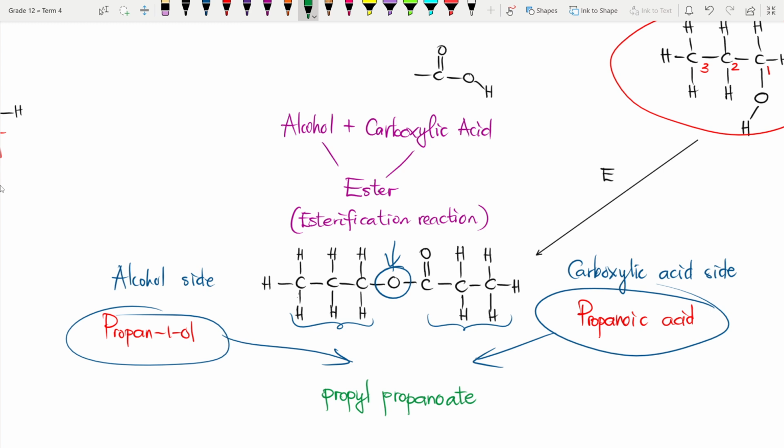That's how to name an ester. The alcohol part is cut off to give YL, and then the oic acid is cut off to give OH. So propyl propanoate. Propyl propanoate. Okay, makes sense?